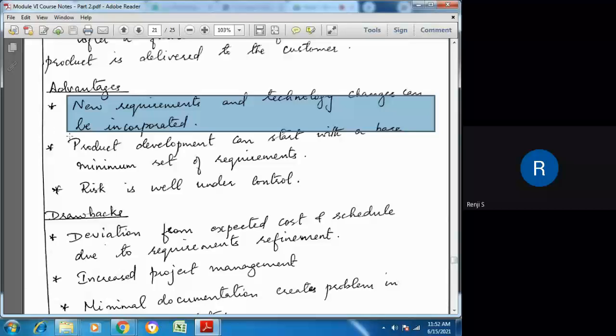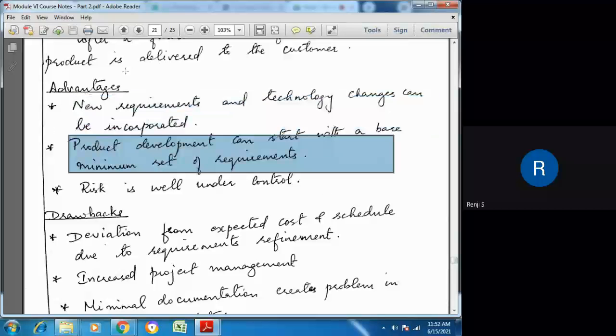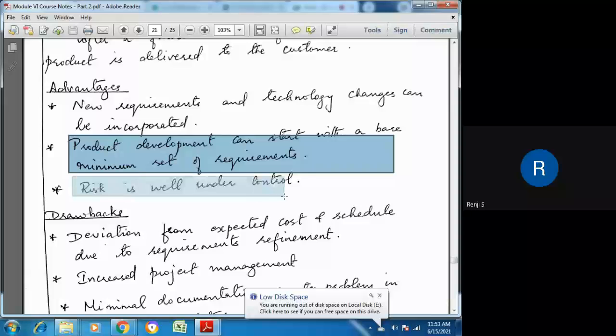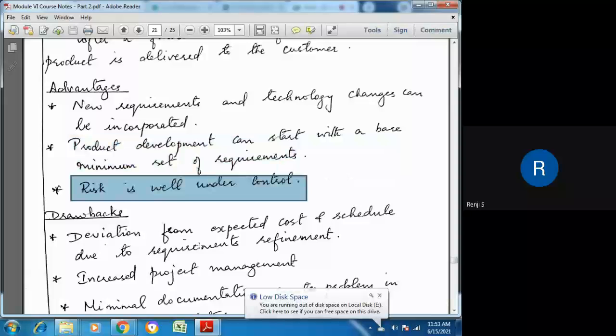Then prototype development can start with a minimum number of requirements. Just like we said in the incremental model, we need just the minimum requirements to implement, and with the minimum set of requirements you can generate a prototype. Then, during each phase, risk analysis is carried out. So risk is also under control.